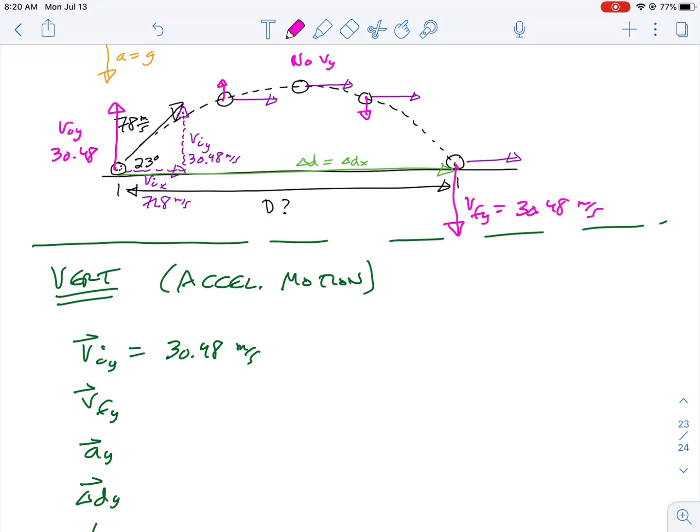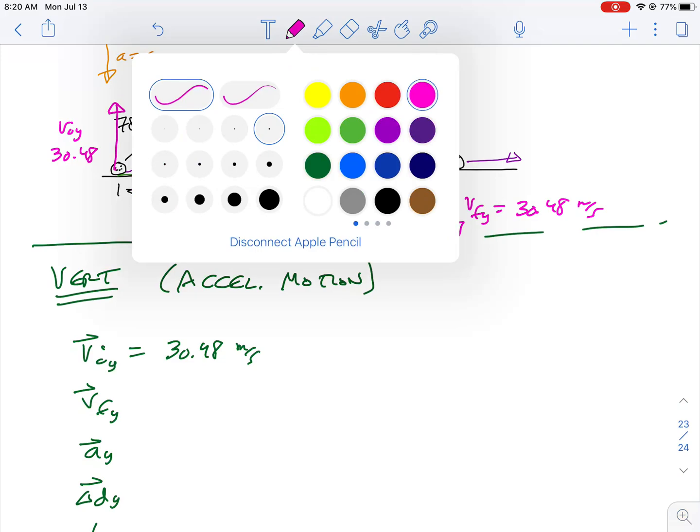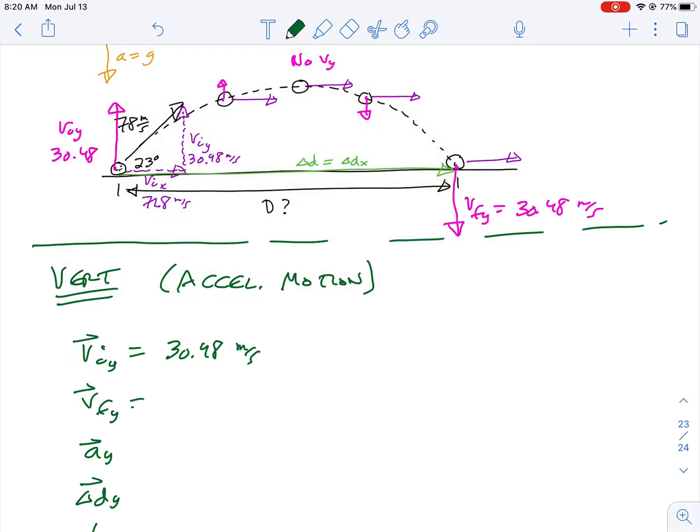Remember, that's only if it's at the exact same height. So that means on our list, this will be equal to negative 30.48 meters per second. We know the acceleration is 9.81 meters per second squared downwards, so that'll be negative.